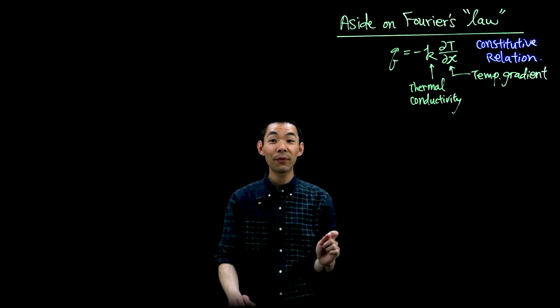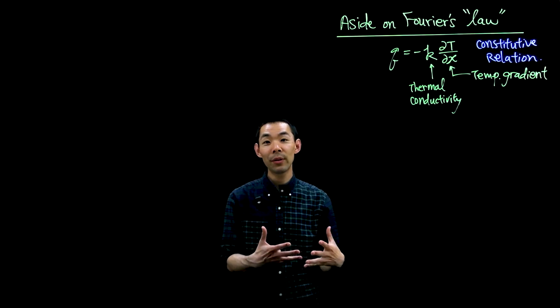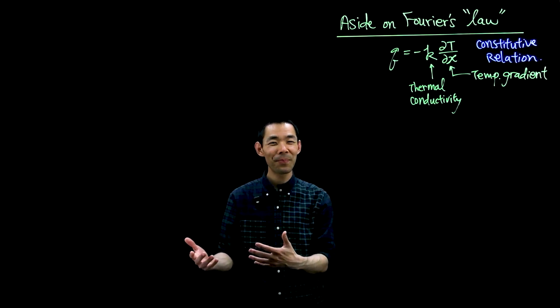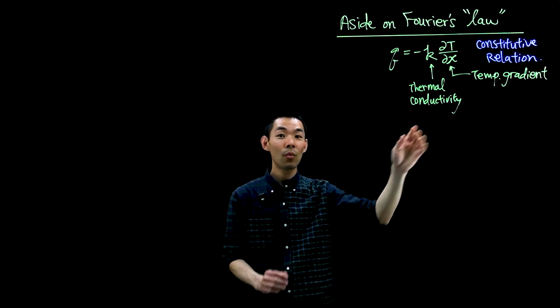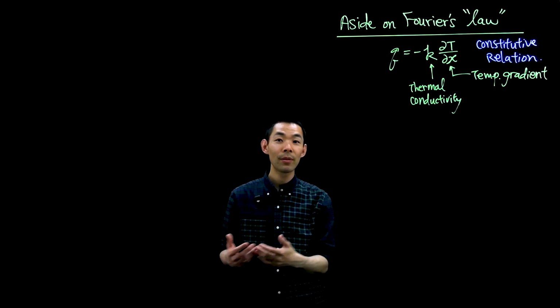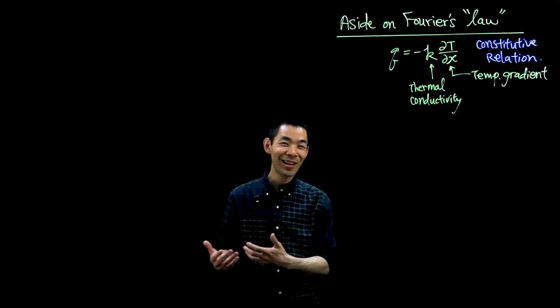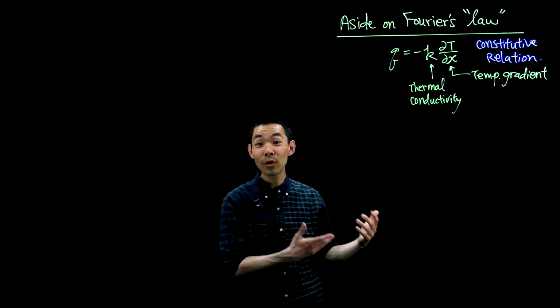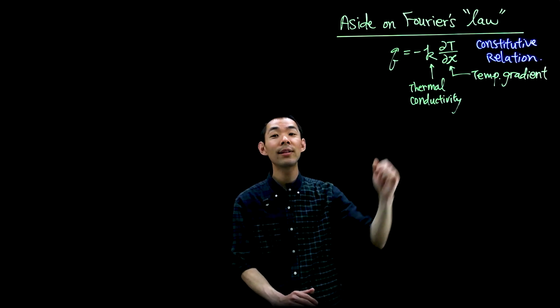A great example is in fluid mechanics. There are lots of materials that behave as viscoelastic or non-Newtonian materials, and the constitutive relation, which relates the stress tensor to the velocity gradients, isn't just a linear relationship. A linear relationship is called a Newtonian fluid or Newtonian constitutive relation.